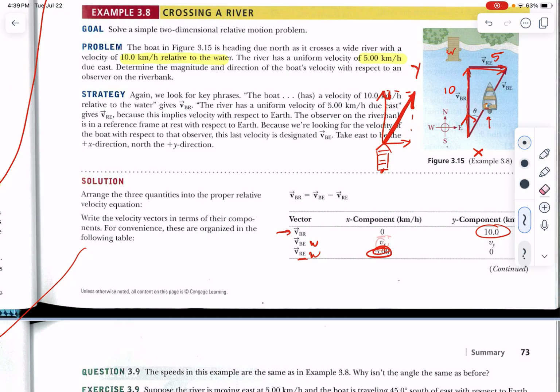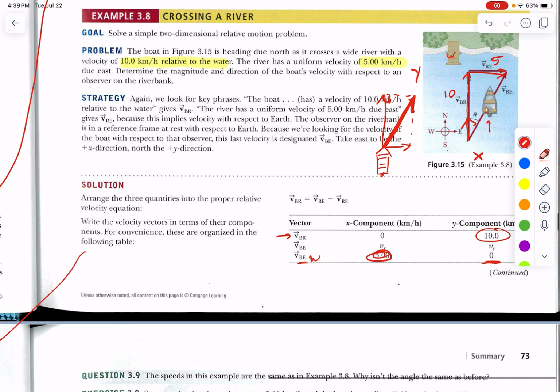And 0 with respect to the y-axis. And so, of course, when you find your x component, it is going to be 5 right here. And your y component is right there.